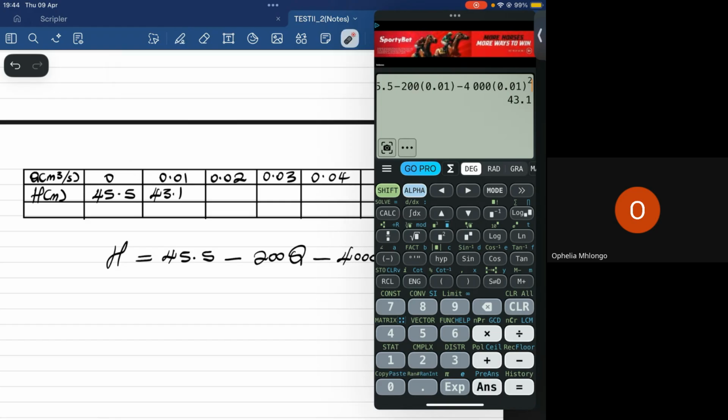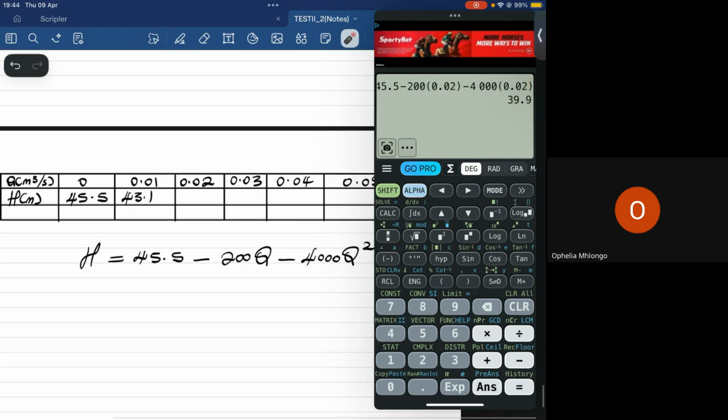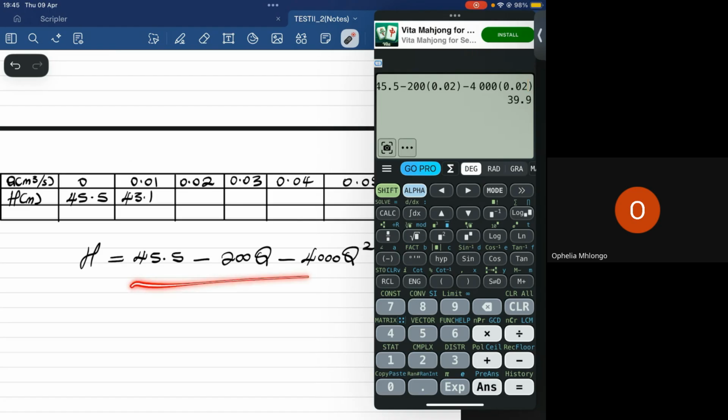For the third reading, of course, the volumetric flow rate will be equal to 0.02. So where you see Q, you simply substitute 0.02 in this equation, and you'll get 39.9.